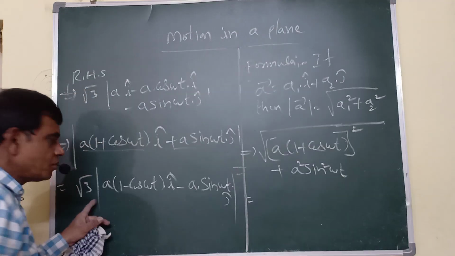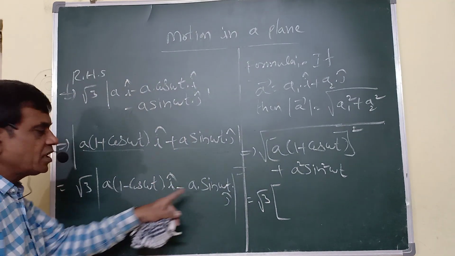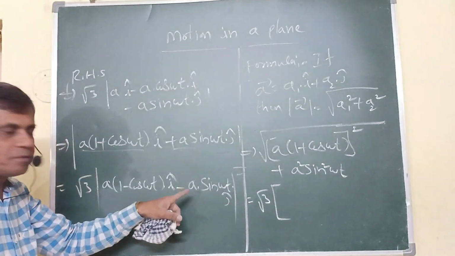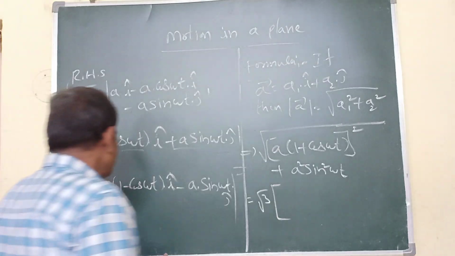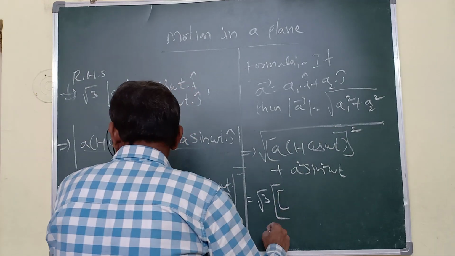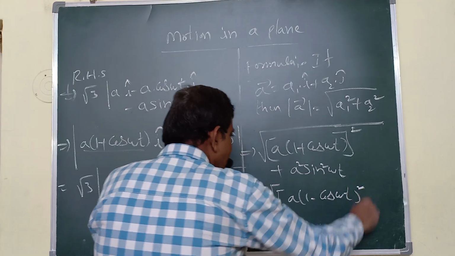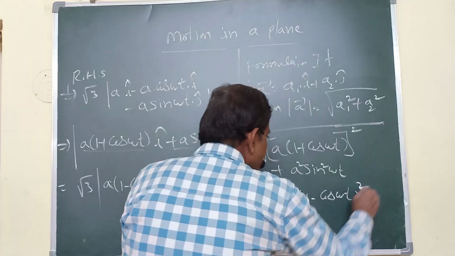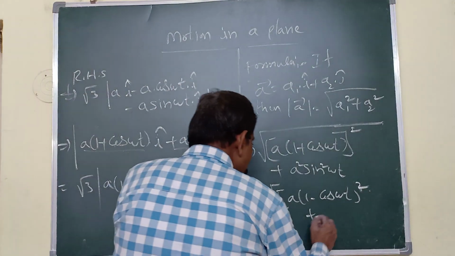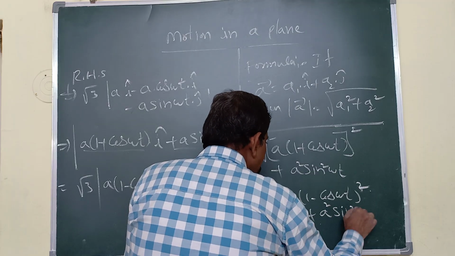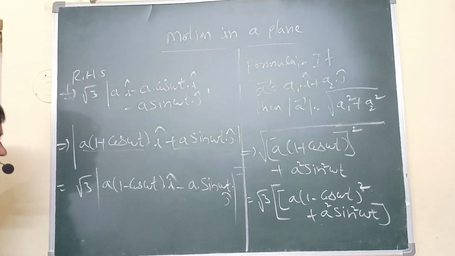Again that equals root 3 into root of A into 1 minus cos omega t whole square plus A sin omega t whole square, that means A square sin square omega t.